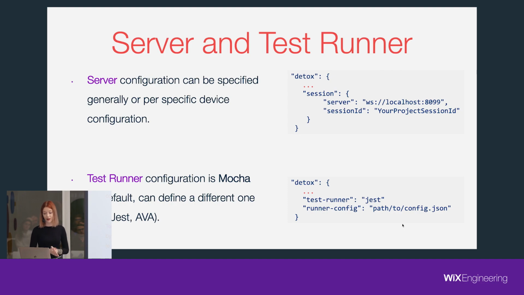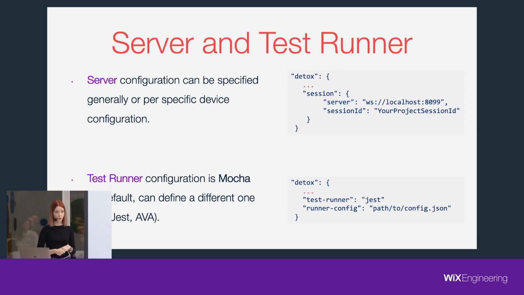Also, you can define different configurations for server and test runners. So a popular use case for server is to define whether you're using a real or mock server. So it means we can not only create production E2E tests, but mock E2E as well. And you can define a test runner configuration.